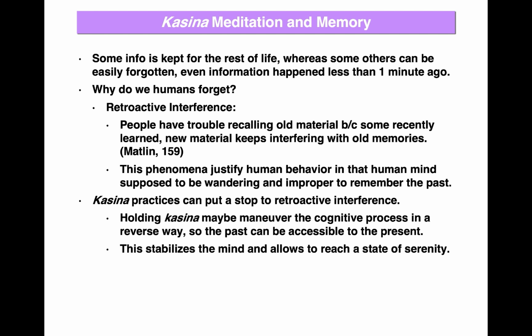So the incoming consciousness updates the old consciousness. Therefore, it is hard to retrieve old consciousness. These phenomena explain human behavior, in that the human mind is supposed to be wandering and improper to remember the past.